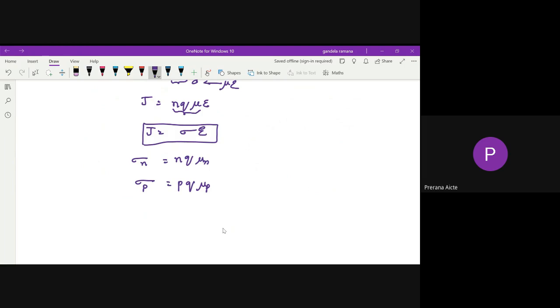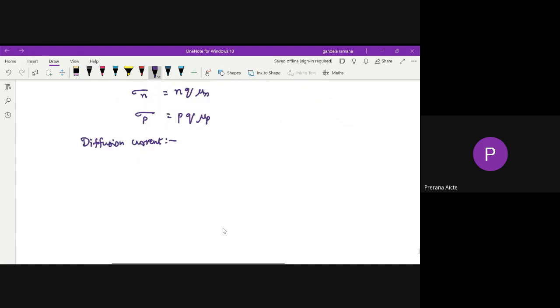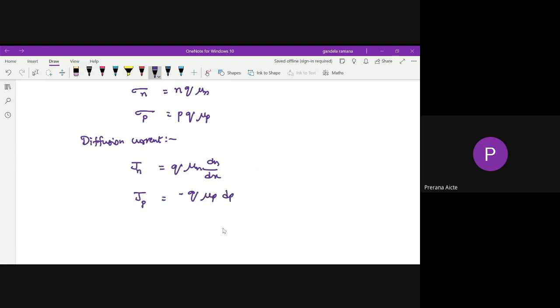What is diffusion current? The current density due to electrons, Jn, is equal to Q mu n dn by dx, the concentration gradient with respect to distance. In the same way, Jp is equal to minus Q mu p dp by dx.